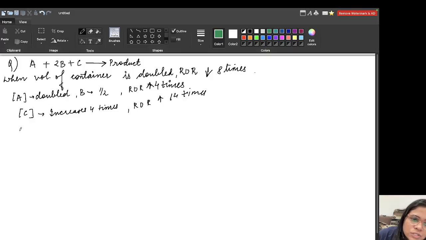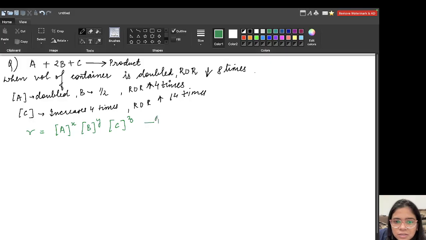Let us write the equations. We know the rate of the reaction R will be equal to k A raised to the power X, B raised to the power Y, and C raised to the power Z. This is my first equation.